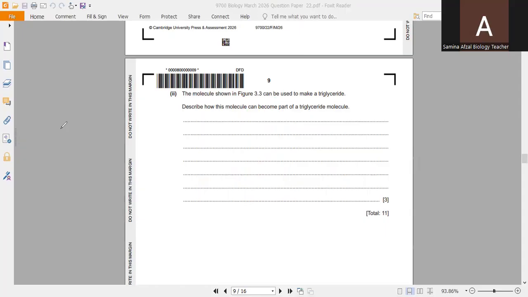It involves the removal of water molecules, and bond formation takes place. The hydroxyl group of the glycerol reacts with the carboxyl group of the fatty acid to form a covalent ester bond. So three fatty acids join a single glycerol molecule to form a complete triglyceride molecule.